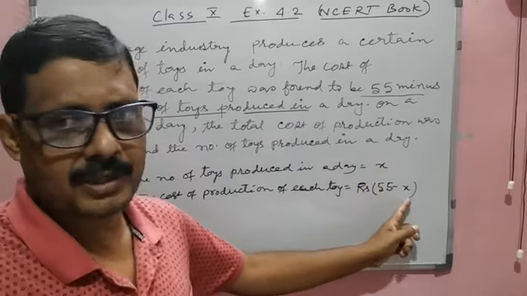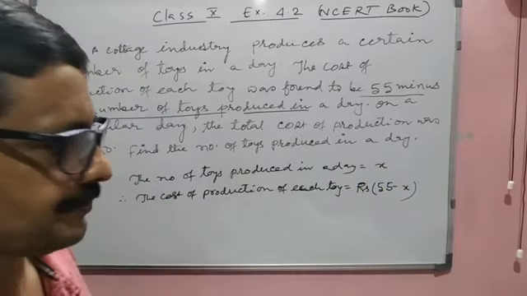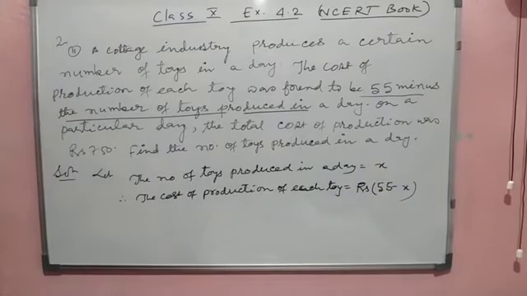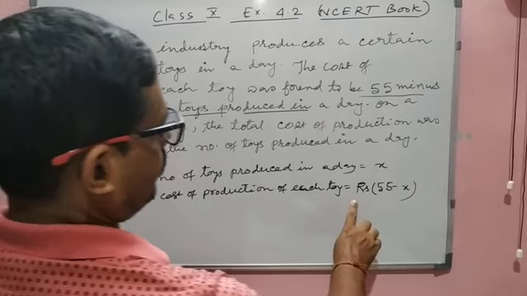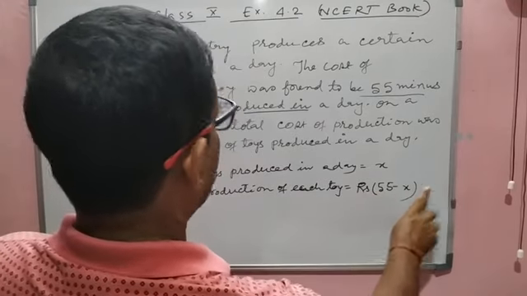So 55 minus X. So the number of toys produced in a day is X, and the cost of production of each toy is 55 minus X.